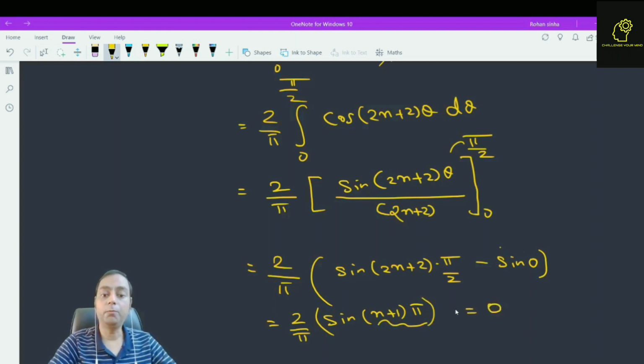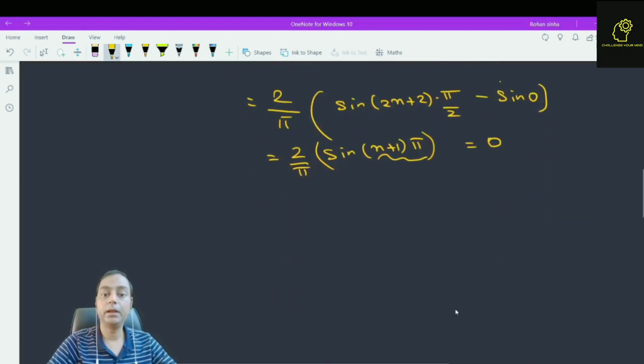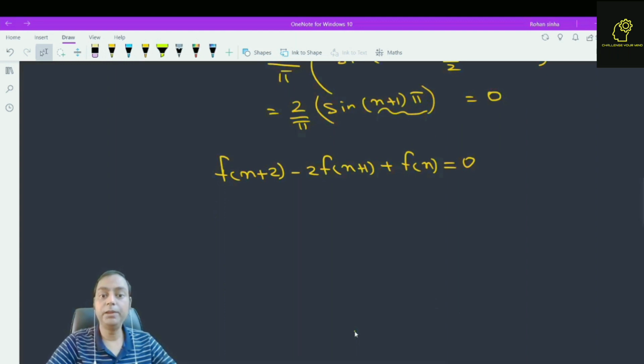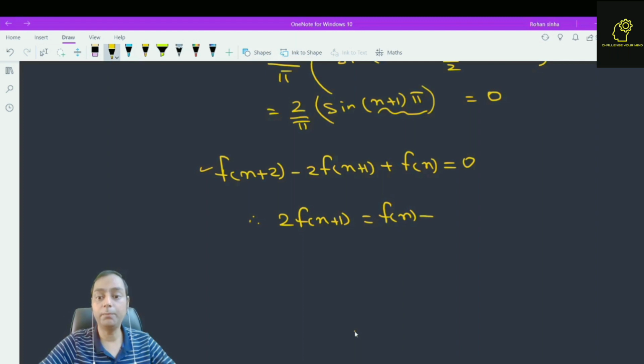So if this is 0, what does it mean? It means that f of n plus 2 minus 2 f of n plus 1 plus f of n is 0. This means 2 times f of n plus 1 is equal to f of n plus f of n plus 2.